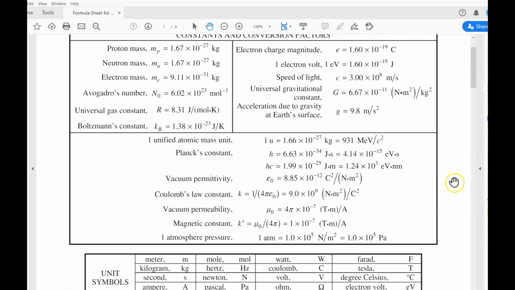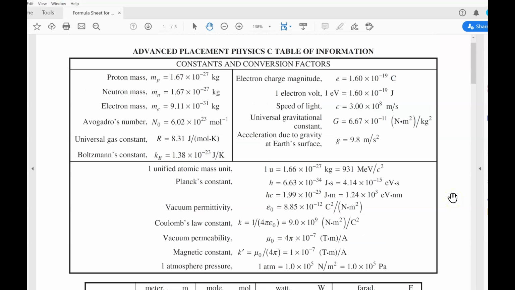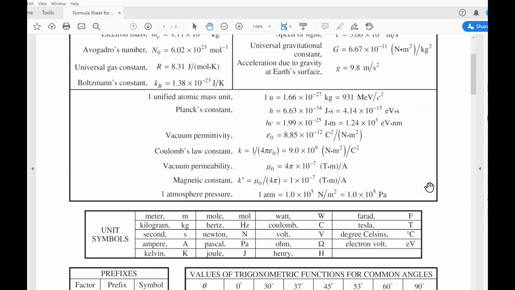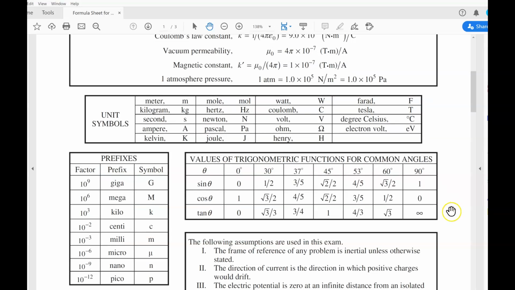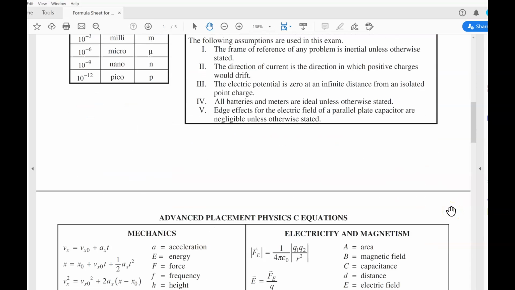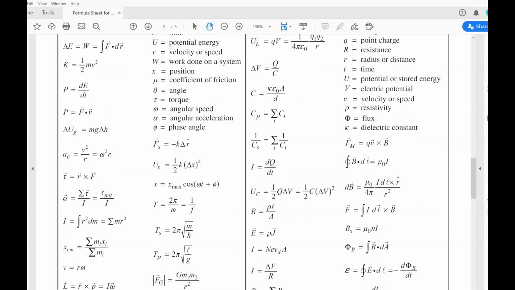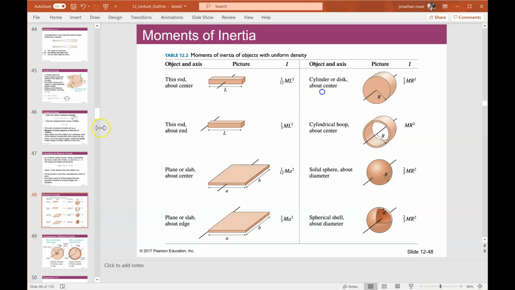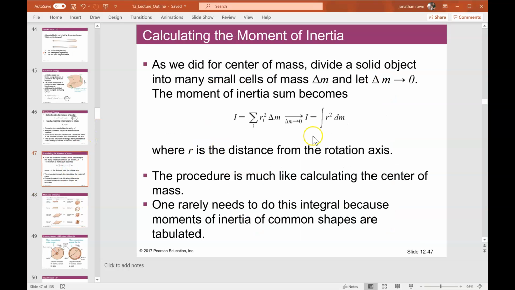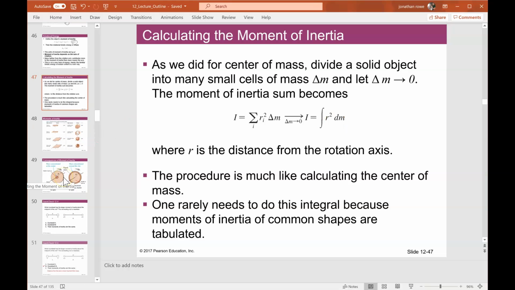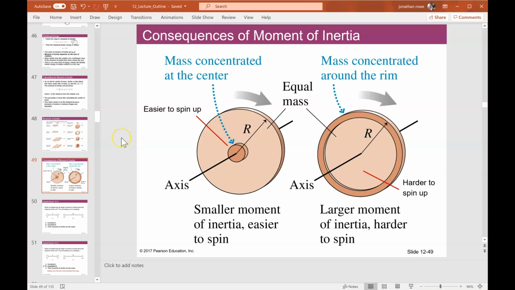But I bet on the questions it probably gives it to you. Like in the question, maybe it gives you the moment of inertia for a particular common shape, if it uses a common shape. If it doesn't use a common shape, then it's going to have to give you the information you need to do that integral. It's going to have to give you some sort of a function to be able to do the integral.